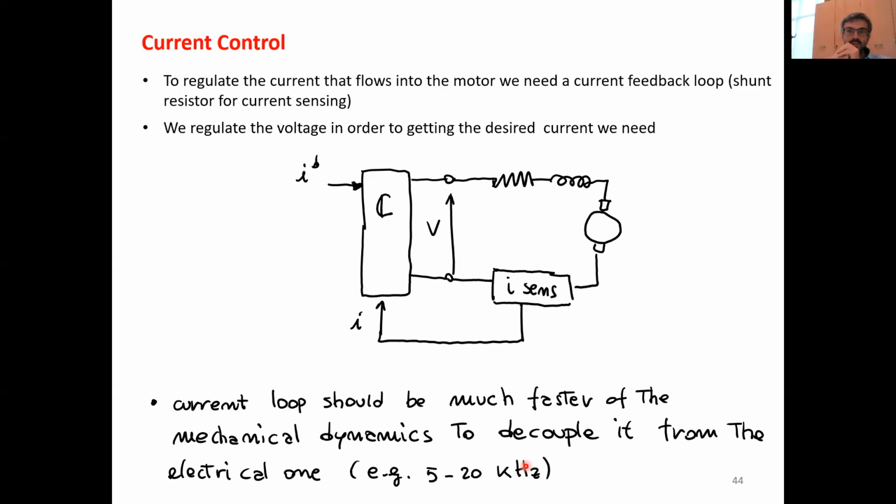The separation principle in dynamic control systems tells us that if we have an inner loop with very high frequency and an outer loop, for the outer loop the inner loop behaves as an ideal tracking. For example, you can consider the current is tracking perfectly the desired one for the outer loop. And this is usually the case because these current loops usually run from 5 kilohertz to 20 kilohertz, while our mechanical constants are much lower.